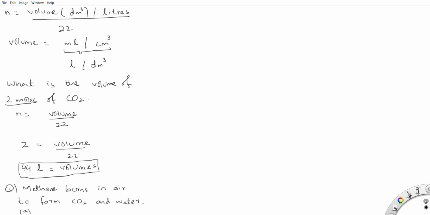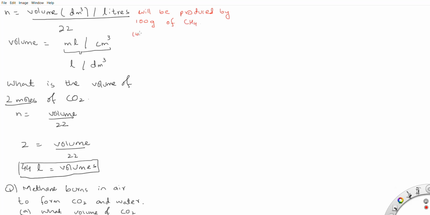Part A may ask what volume of carbon dioxide will be produced by 100 grams of methane.